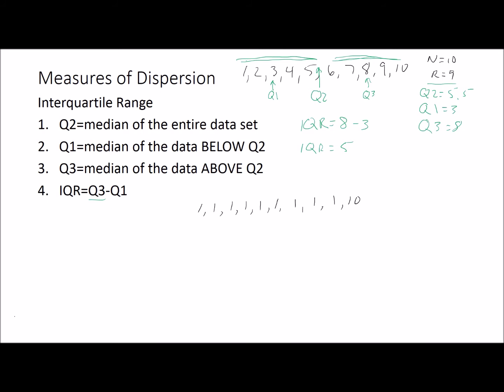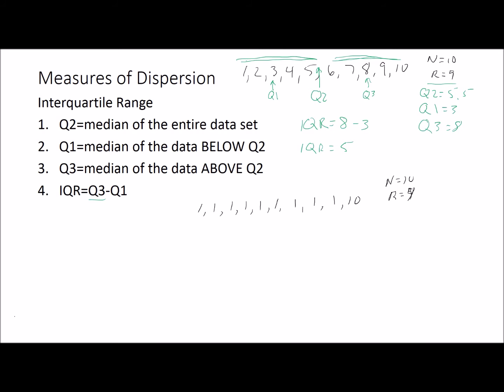So again, 1, 2, 3, 4, 5, 6, 7, 8, 9, 10. So we have an n of 10, which we assessed before too. And with the range in this, we also had a range that equaled 9, the same as the data above. So the middle values are getting ignored here.